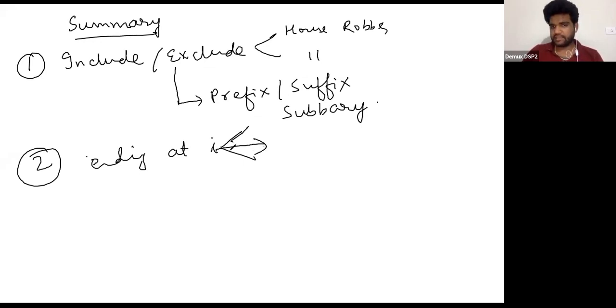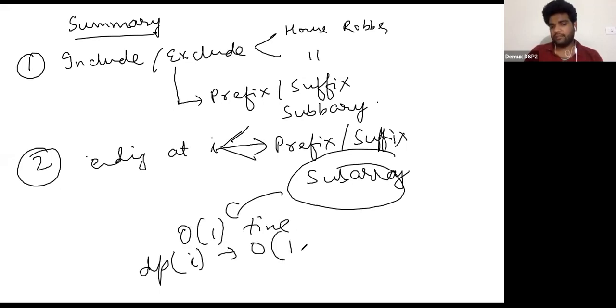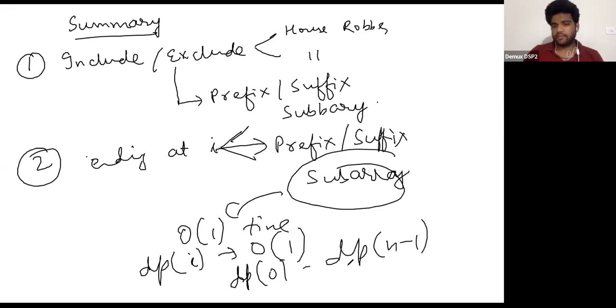And for this, again you get a prefix or a suffix subarray. That was the sub problem, and all these sub problems you were able to compute in O(1) time. So any DP of i you were able to compute in O(1) time. So you just had to populate from DP of 0 to DP of n or n minus 1 and get the answer.